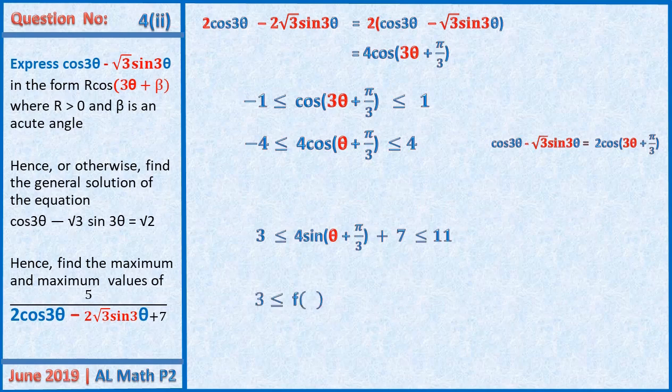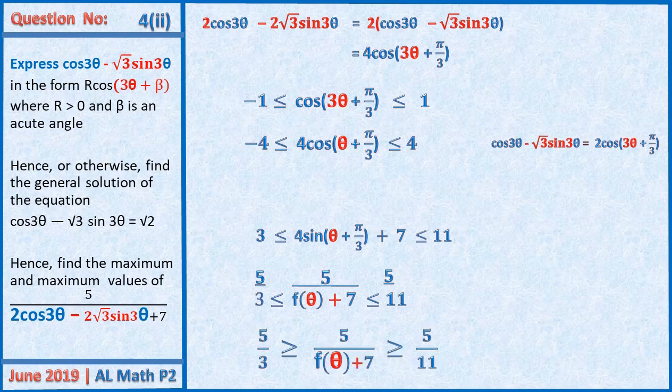Now if I take 1 over all of this, we know that the signs will actually have to change when you take 1 over all of this. So 5 divided by each of them, 5 on 3, and the other way we have 5 as well. This will give us 5 on 3 greater than or equal to that, greater than or equal to 5 on 11.